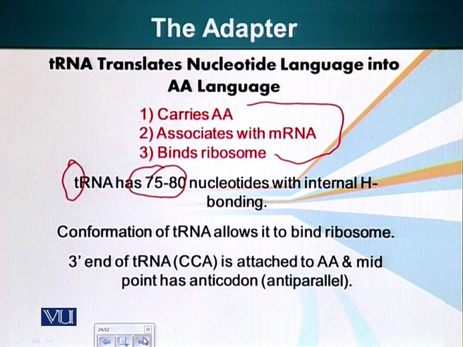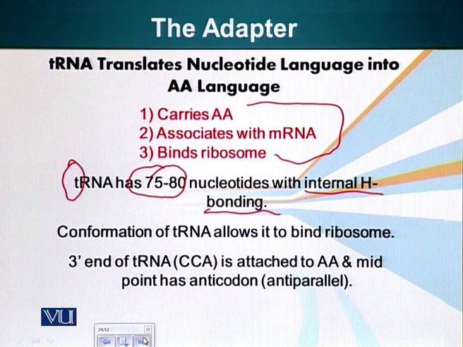We have several tRNAs, each carrying a specific amino acid and able to interact with a specific codon. It has a somewhat complex three-dimensional structure, which we'll look at. That structure is due to internal hydrogen bonding.